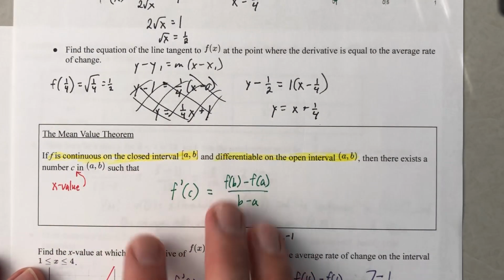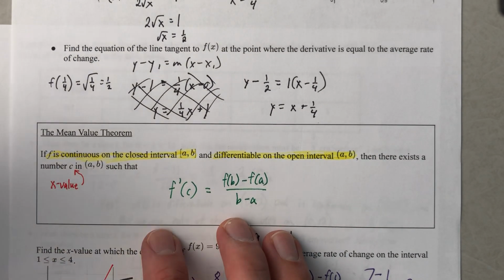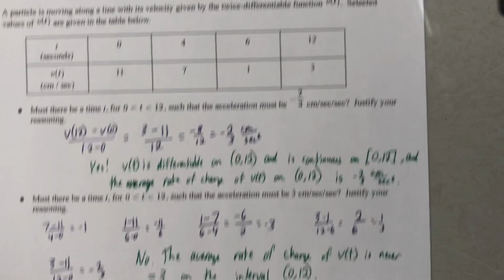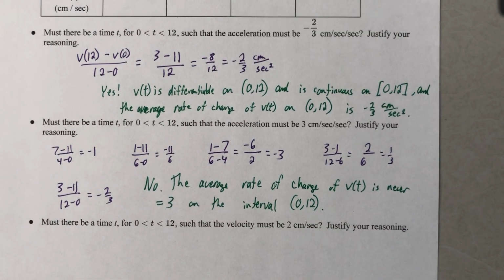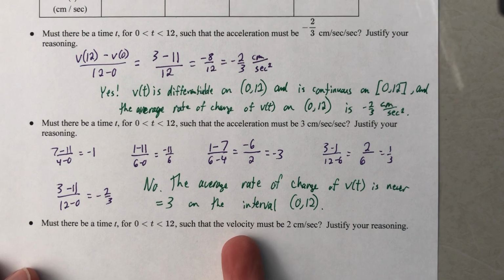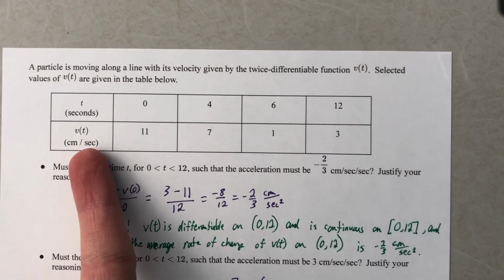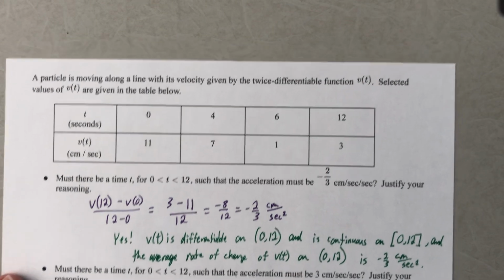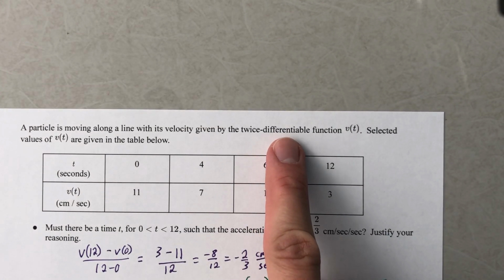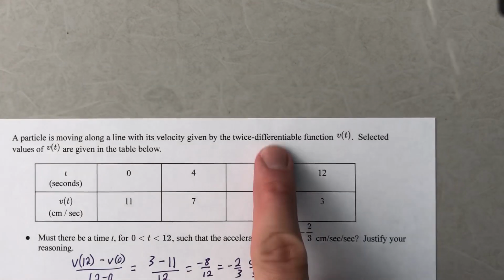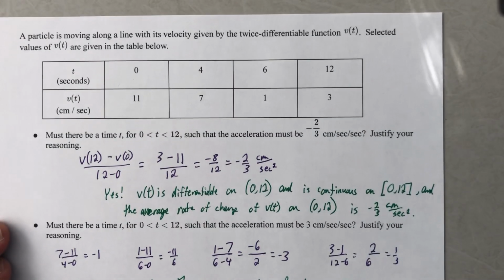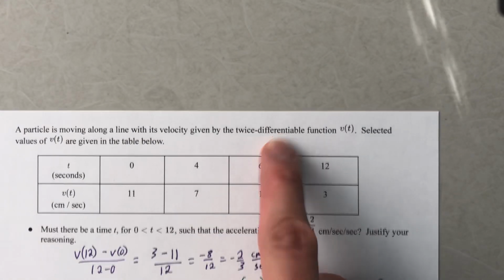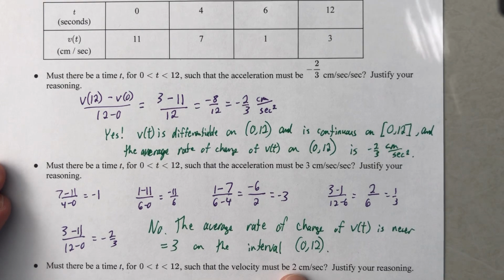So if we've met some conditions, we have something that exists. But they're not asking us about average rates of change. They're asking us if the velocity exists when they give us velocity. Will I ever in this continuous function, differentiability implies continuity, have a velocity of 2?